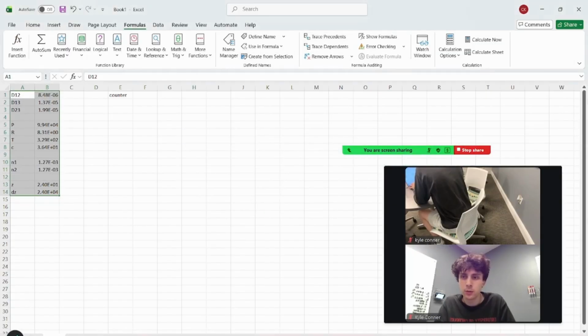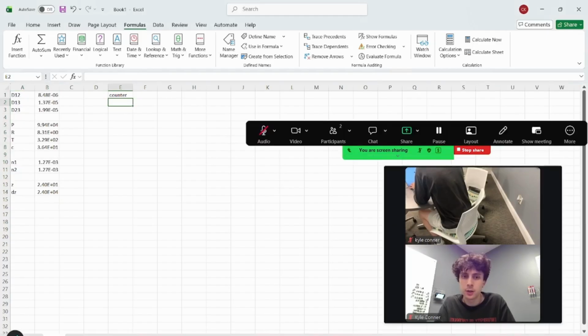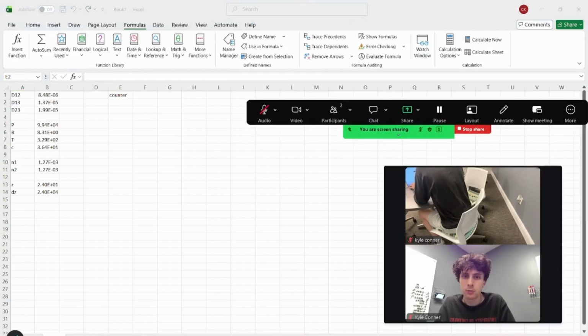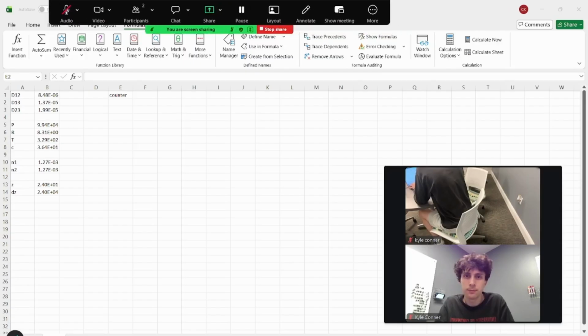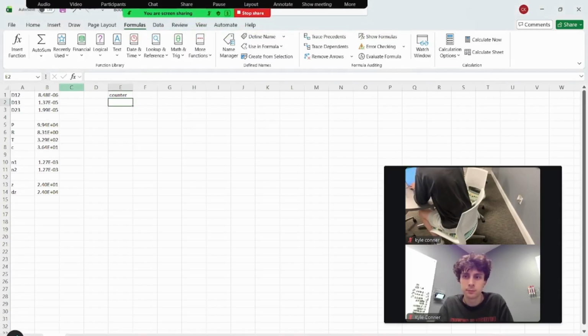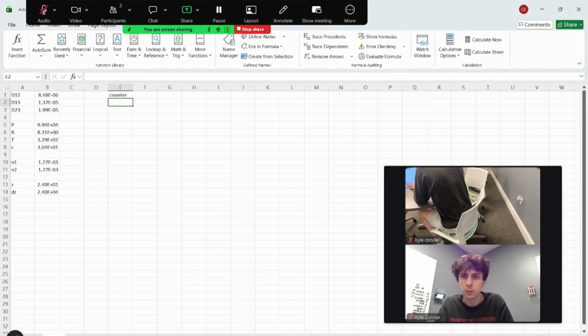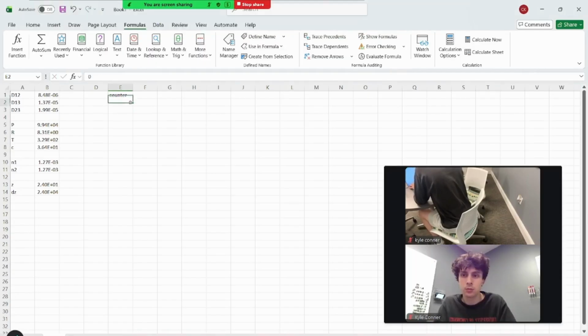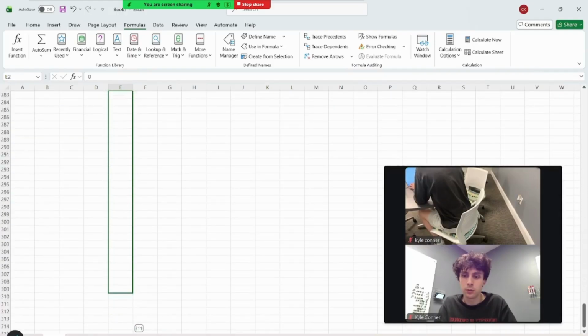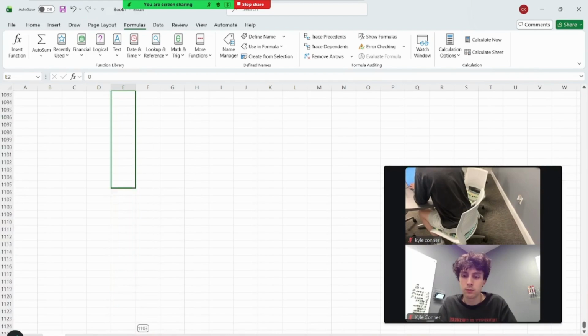And then we got all those on the left side. Put this back up here. 0 and 1, 2. And should bring that all the way down. 1,000. Oops, not that far.